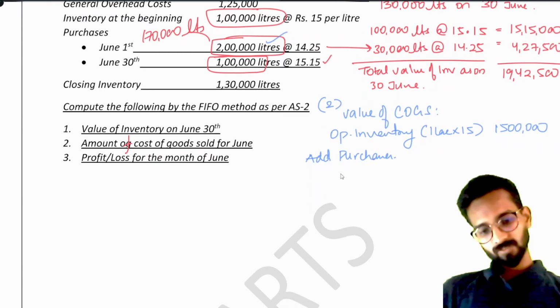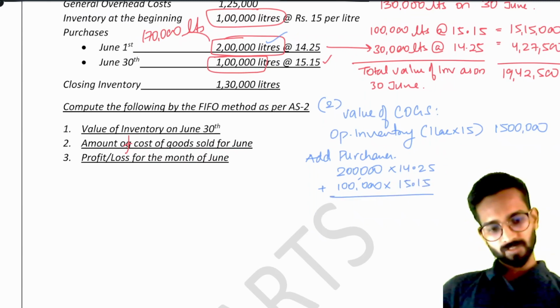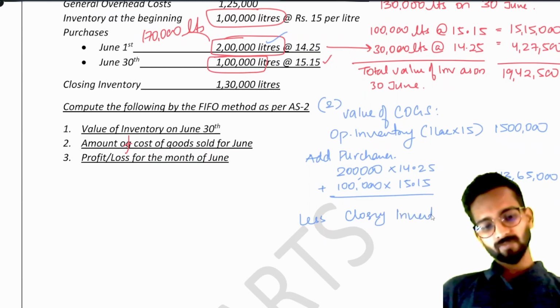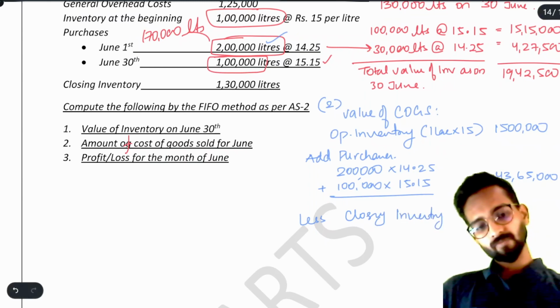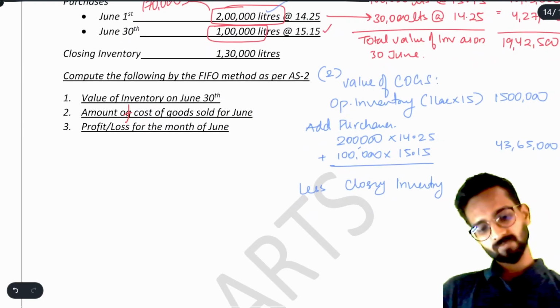Purchases were how much? 2 lakh into 14.25 plus 1 lakh into 15.15. This will give you 43 lakh 65,000. Okay. Then you can less closing inventory. You can do any of the method. I am just taking this route. What you can do, you can also directly do 1 lakh liters this and 1 lakh 70,000 this. Okay. Both answers will be same only.